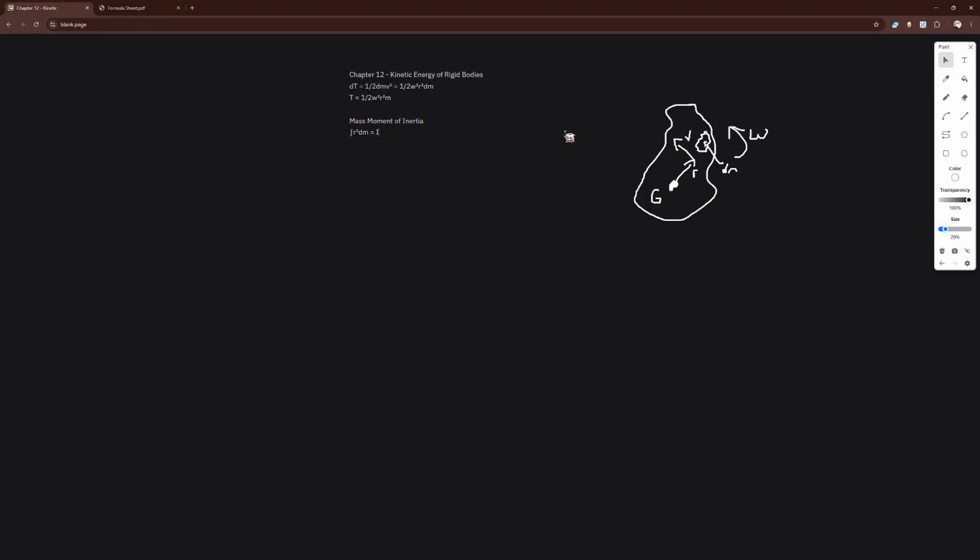So you can calculate it about different axes, but it's usually about an axis that's passing through the center of mass and perpendicular to the motion. So we call that I sub g, to represent that it's about the center of mass.